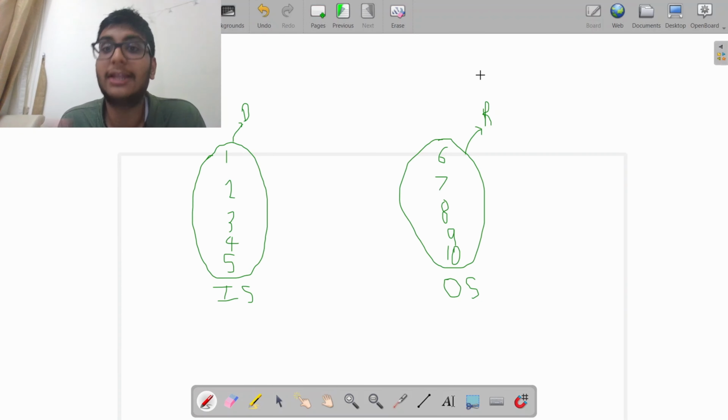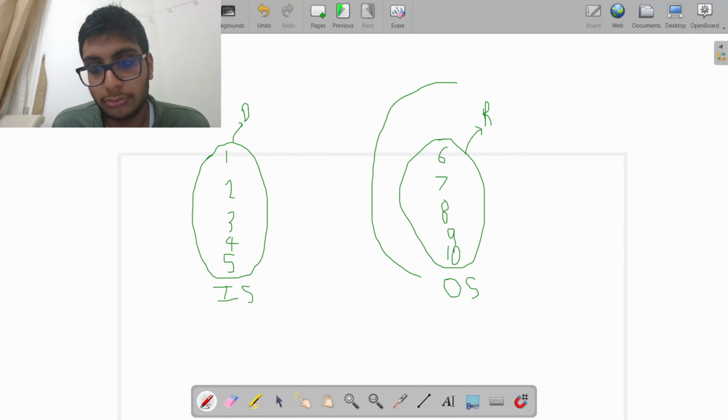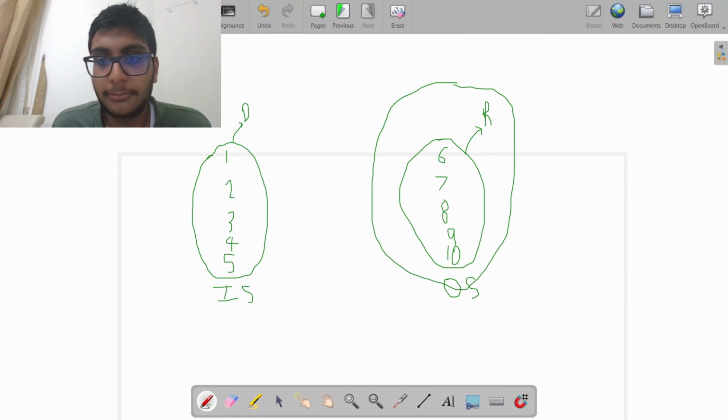And the codomain is variable. It changes on the observation perspective or the observer's perspective. So if I have the codomain to be a bigger space of this, for example, 11, 12. So the function only acts like this.